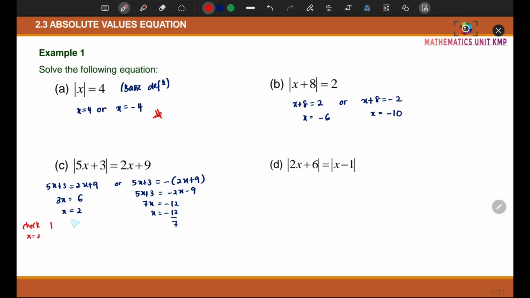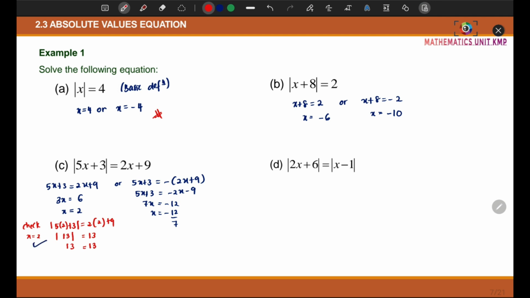Substitute 2 into the original equation. So 5 times 2 plus 3 equal to 2 times 2 plus 9. On the left hand side we have absolute value of 13, and on the right side we have 13. So absolute value of 13 is equal to 13, and the left hand side is equal to the right hand side. This means x equal to 2 can be accepted.